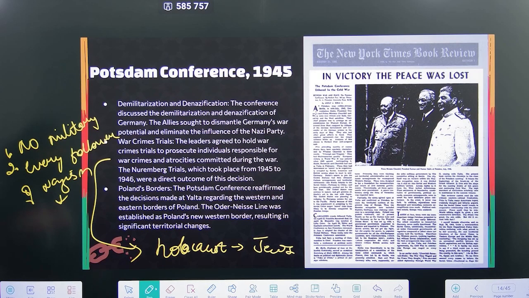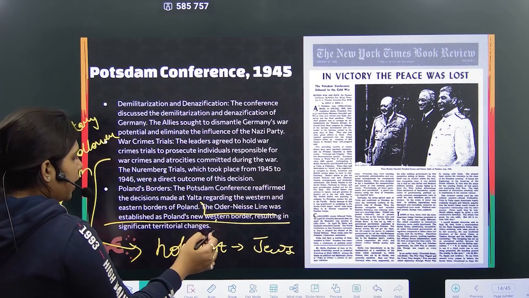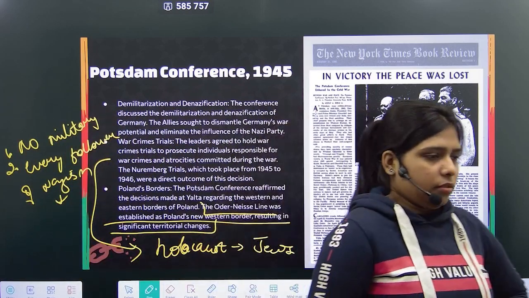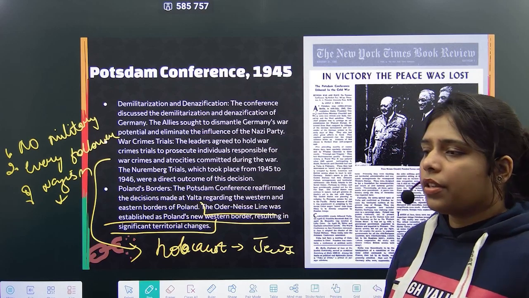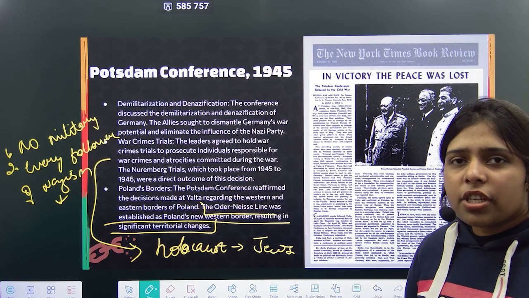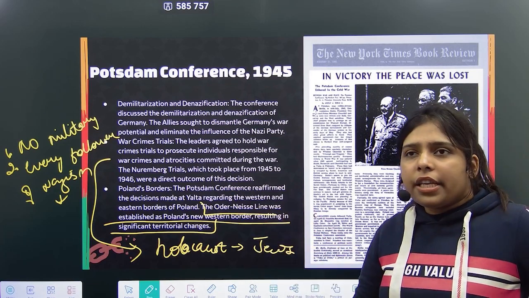And the Potsdam Conference once again reaffirmed the decisions made at Yalta regarding the western and eastern borders of Poland. What happened is this thing was not agreed upon in the Yalta Conference. Let me tell you why. The Oder-Neisse line, these were rivers, and Russia took these areas under its control without any unanimous decision.